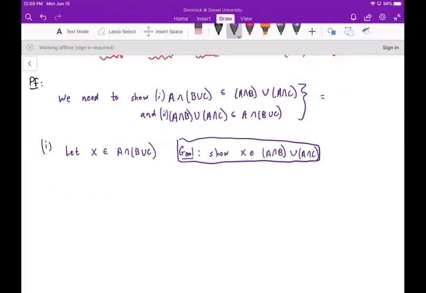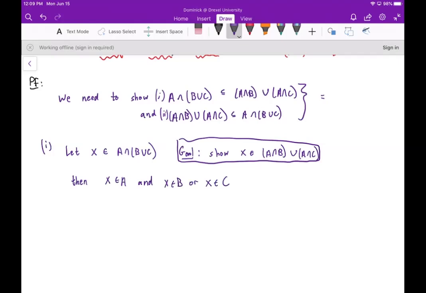Now, if x is in A intersect B union C, then x is in A and, because the intersection means and, x is in B or C. Right?